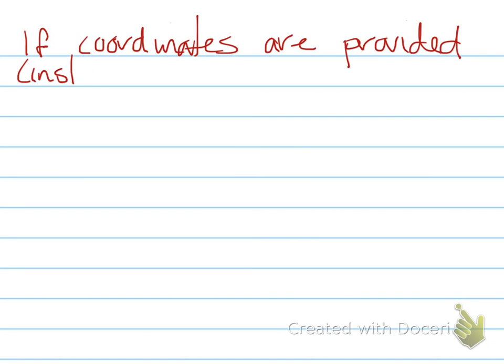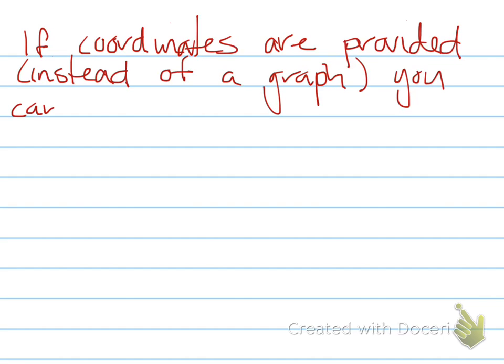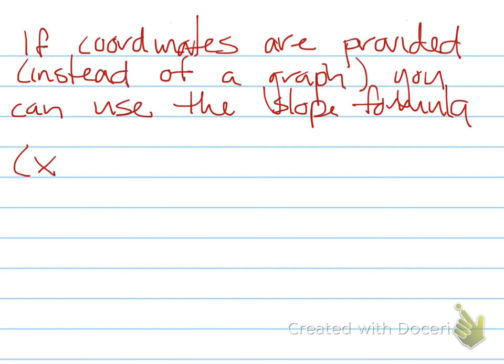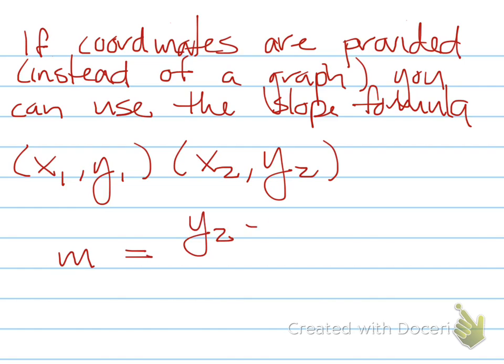Now, if instead of a graph we're given 2 coordinates, we can use the slope formula in order to calculate the slope of the line that passes through those 2 points.